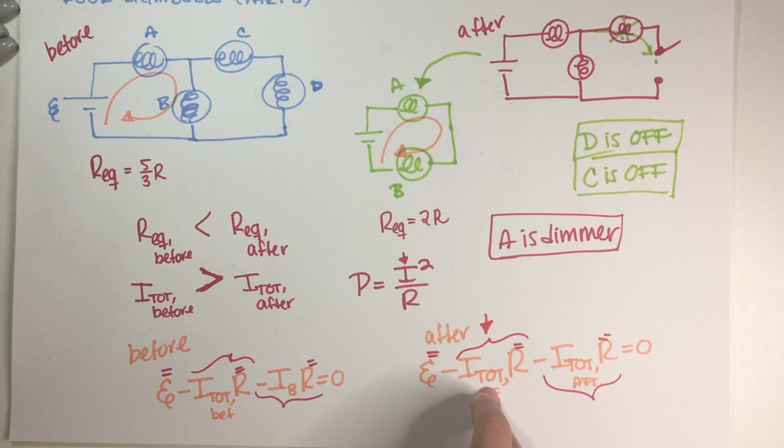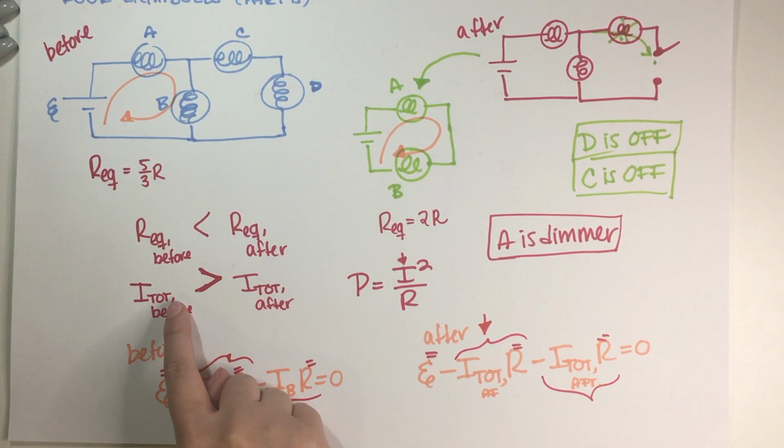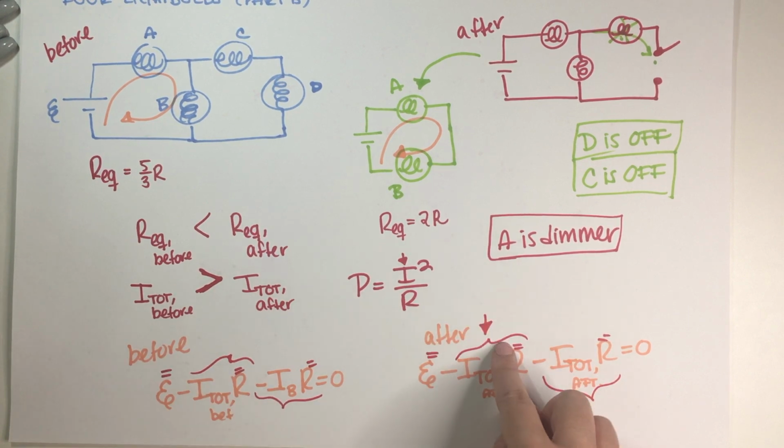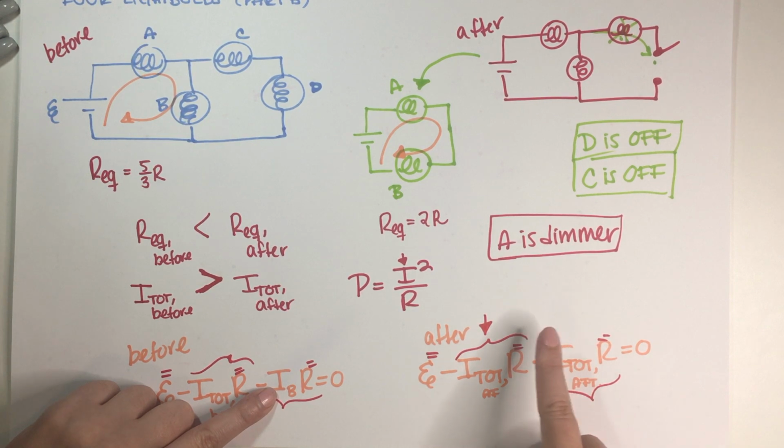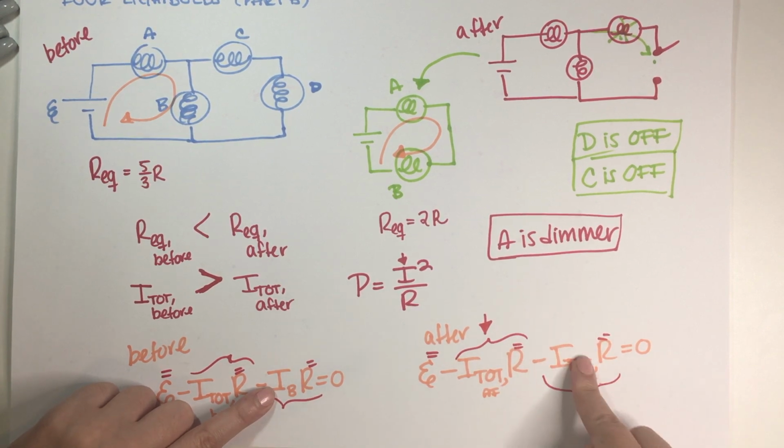Just because this is the same R, and I know that our total current was high and then it went down. But now I have to compare IB with the IB before with the total now.